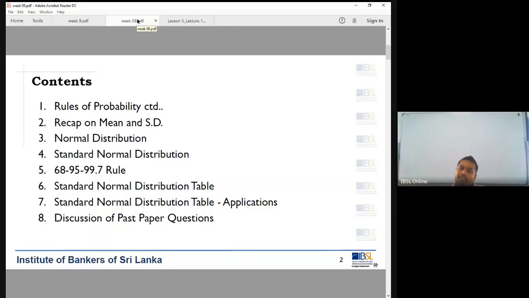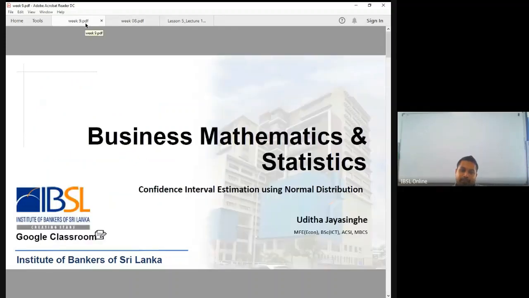So that's why we learn the standard normal distribution, as to the application part of the table also. We discussed a few questions up until 19 March. We'll be continuing those questions today, with the finishing of today's discussion on the confidence interval estimation.